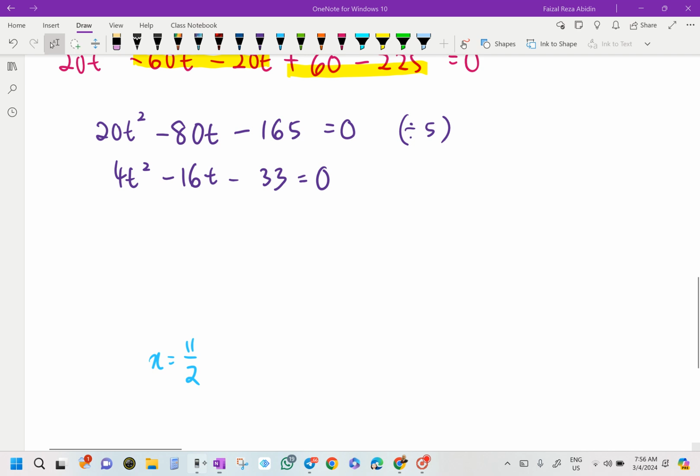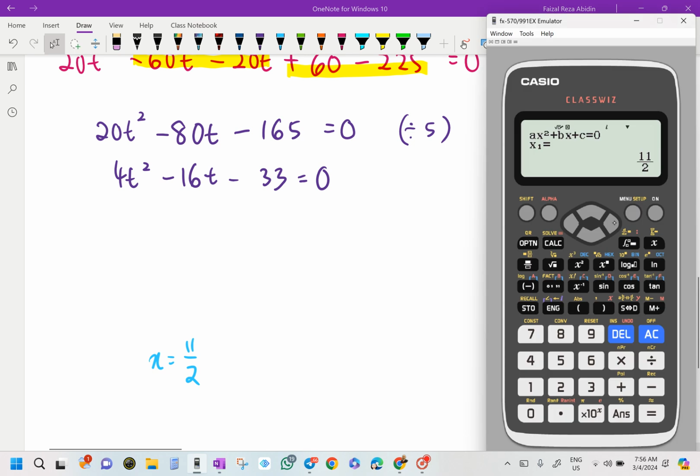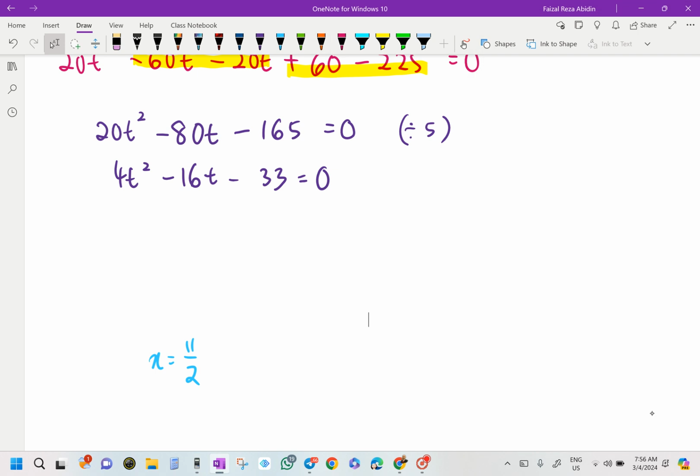Why is that our answer? It's not negative, right? It's t, not x. Negative 3/2 just now, this one is t, do not use x. So what you are going to do over here, bring to the left: 2t minus 11 equals 0.